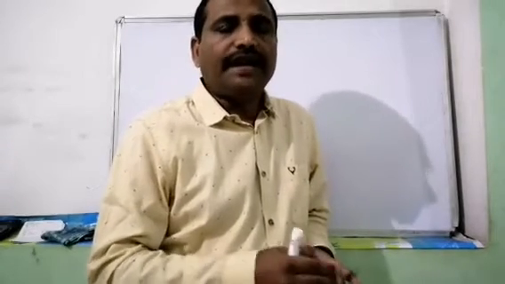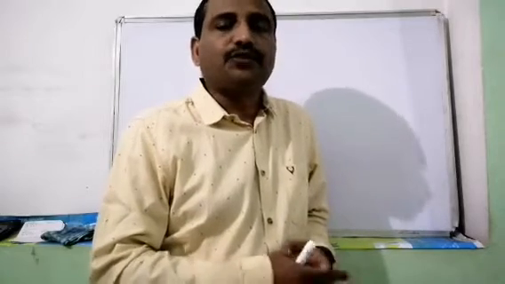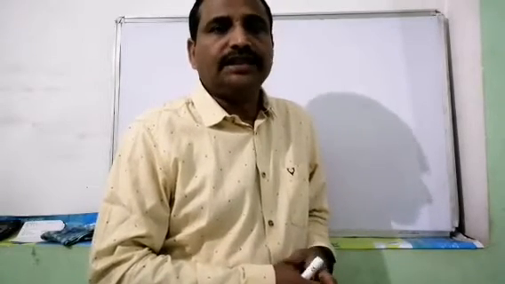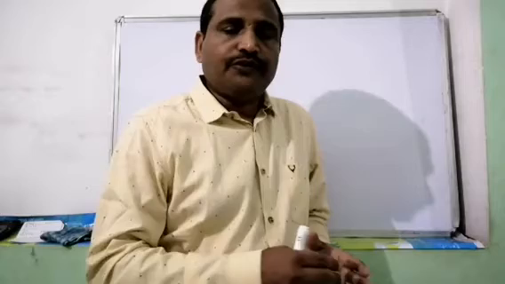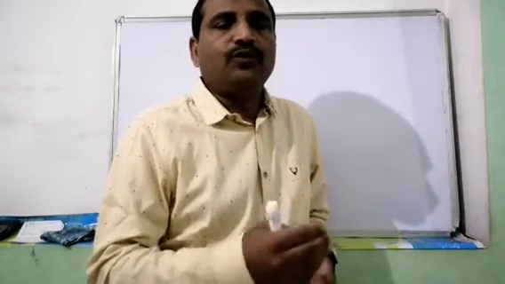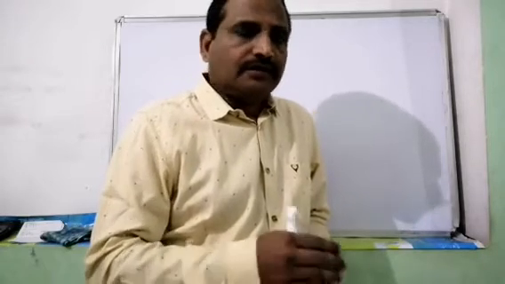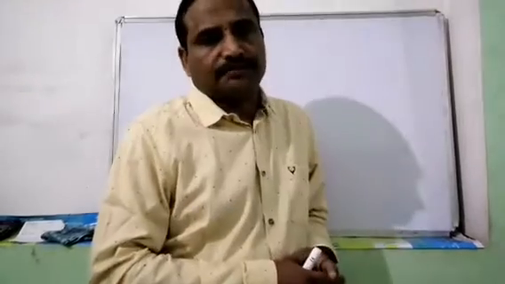Just like A represents 10, B represents 11, C represents 12, D represents 13, E represents 14 and F represents 15. So 0 to 9 digits and A to F. So this is the hexadecimal number system.